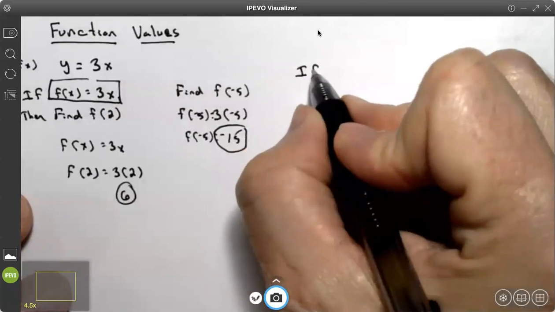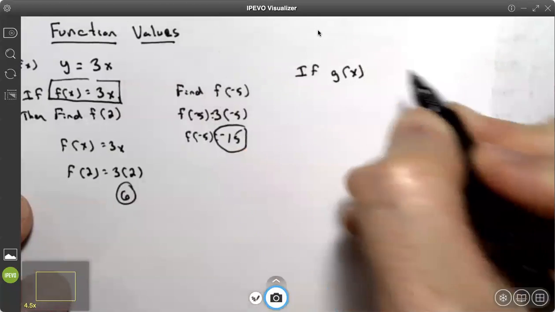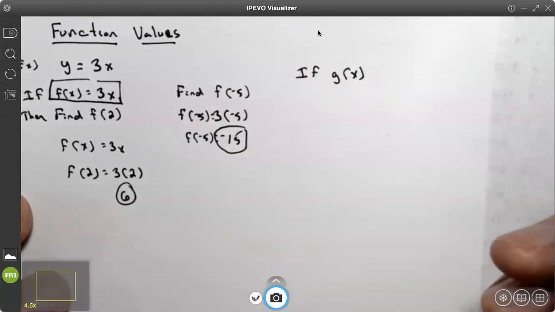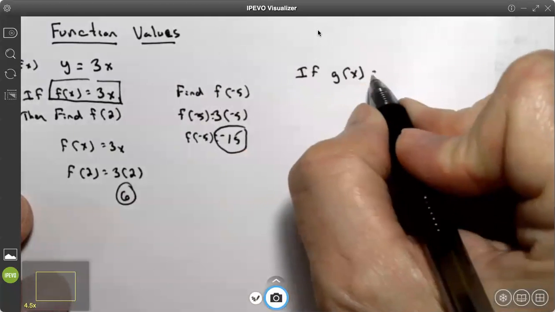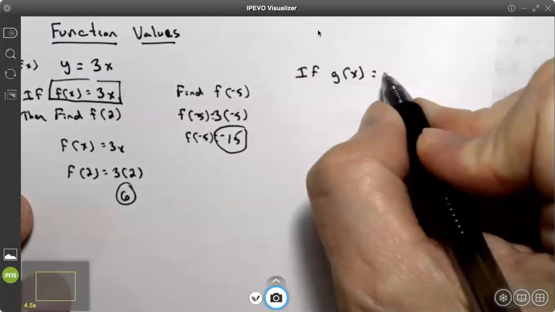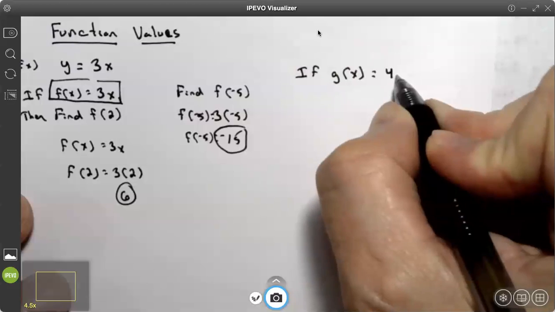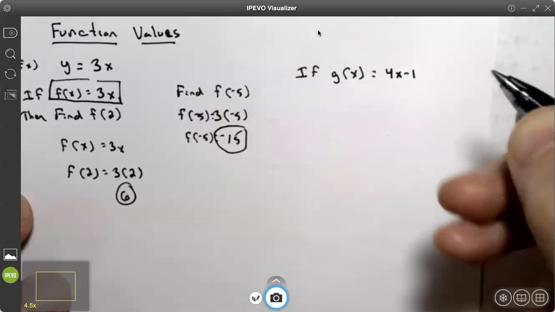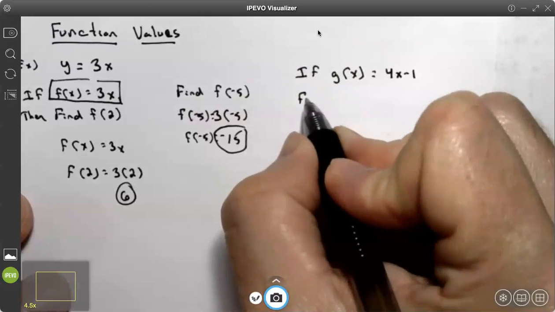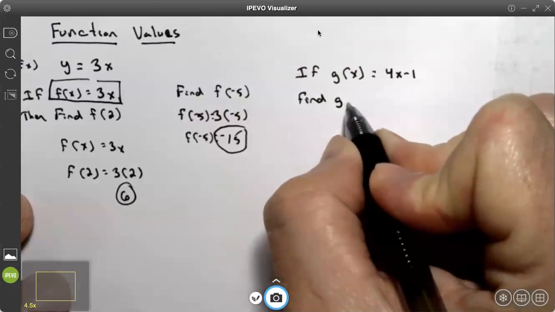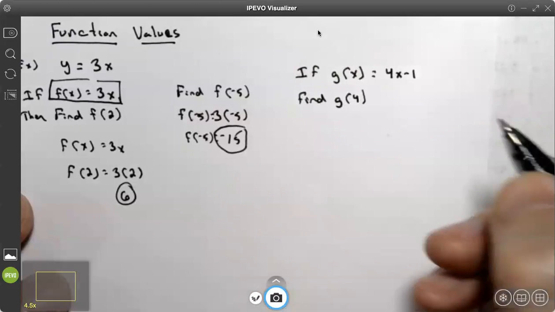Now, it could also say g of x. So it could say if g of x, or h of x, or f of x, it really doesn't matter, equals, and let's say 4x minus 1, and then it says find g of 4.